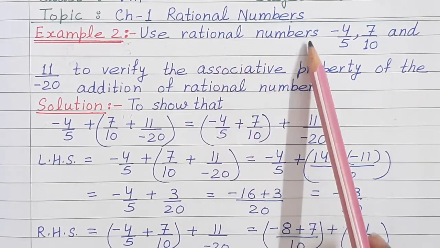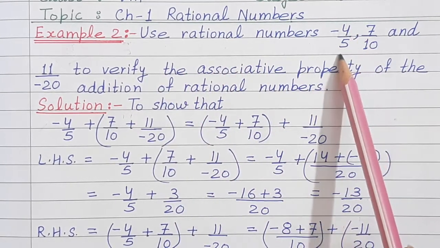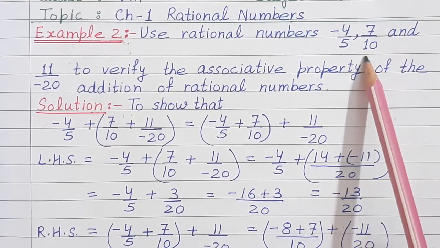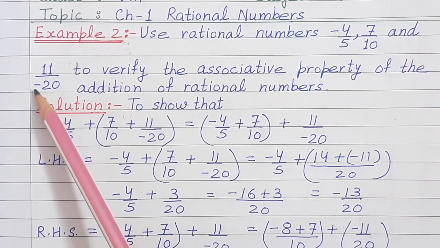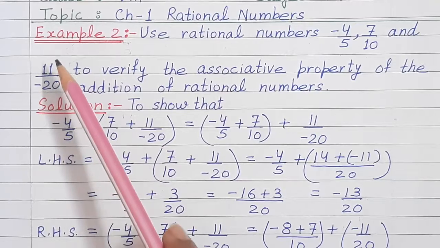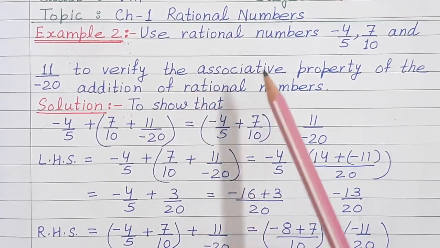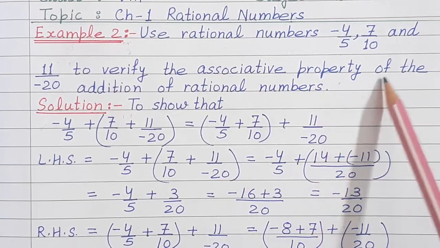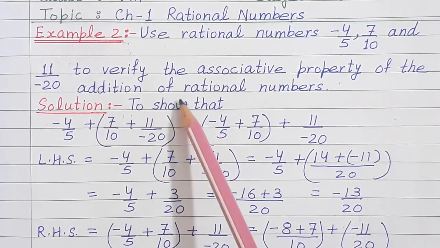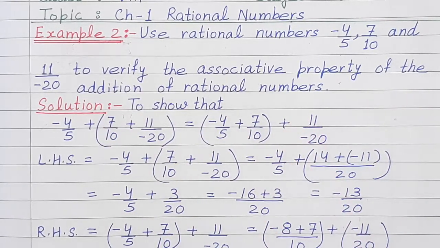Use rational numbers minus 4 upon 5, 7 upon 10 and, now it is, 11 upon minus 20 to verify the associative property of the addition of rational numbers.